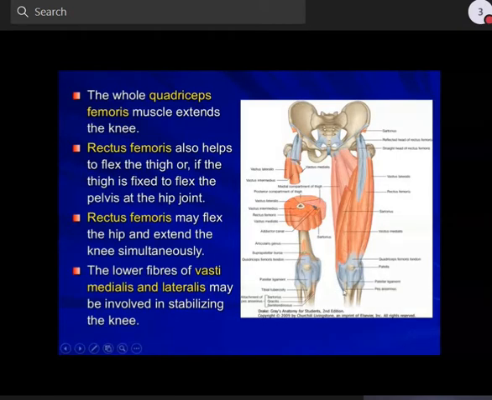The anterior-most is the sartorius tendon, the middle tendon is of gracilis, and the most posterior is the tendon of semitendinosus.